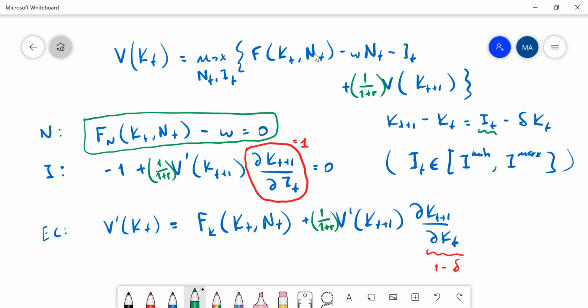So once again, you have a dynamical system. You may want to find the steady state and then study the properties of the steady state.